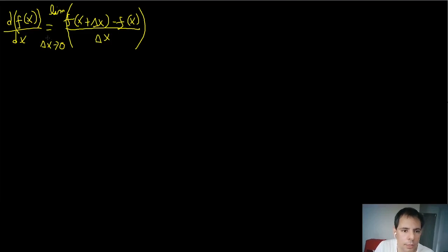Okay, so that's what we're going to do to the function. It'll be the limit as delta x goes to 0. This is always going to be the limit, okay? Even if I don't say it, the limit as delta x goes to 0. Otherwise, it just gets redundant.